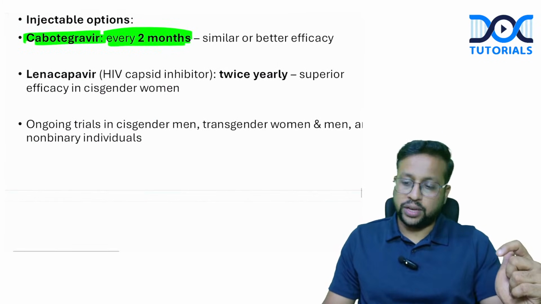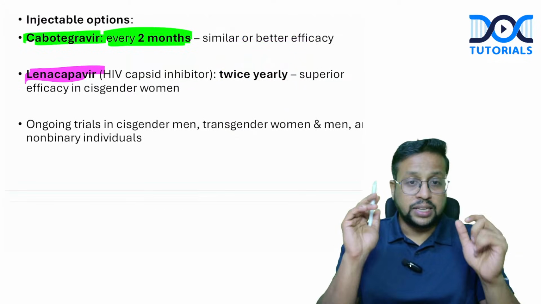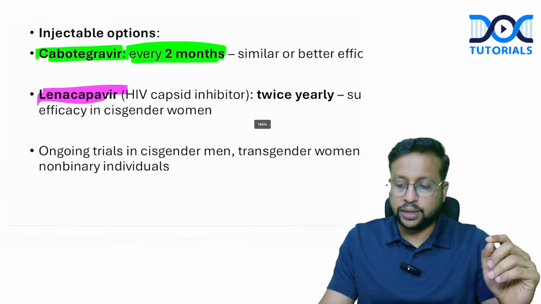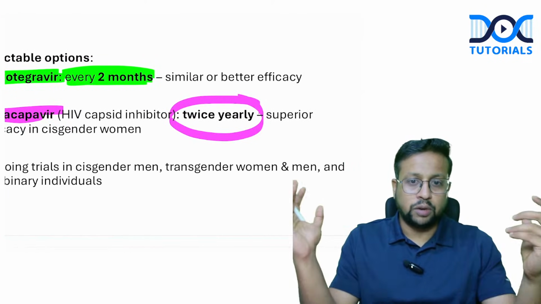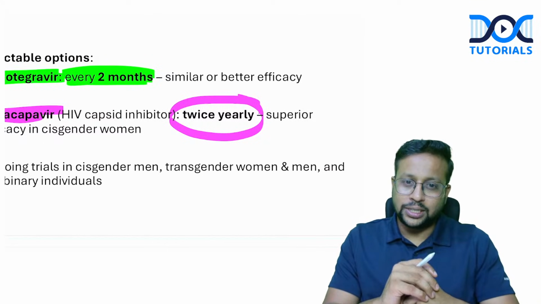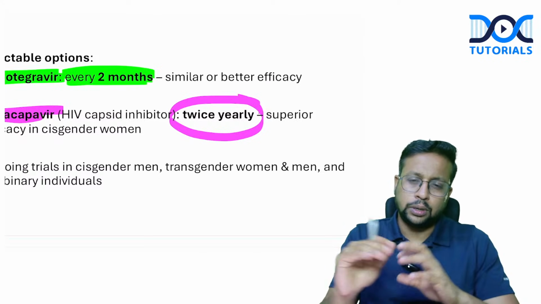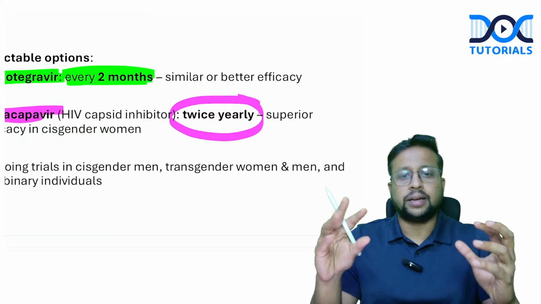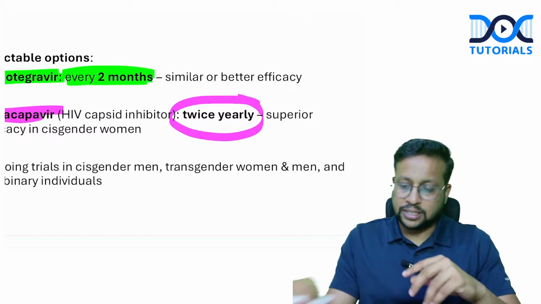And now we have an even better drug, called lenacapavir. It's a new molecule, an HIV capsid inhibitor, which can be given twice yearly. What does that mean? Whoever wants to take an injection can take it every 6 months and will be protected. The results have been very good, with 100% protection with this drug in cisgender females.